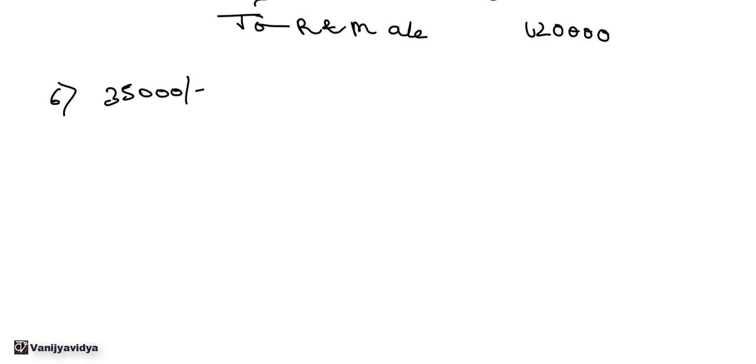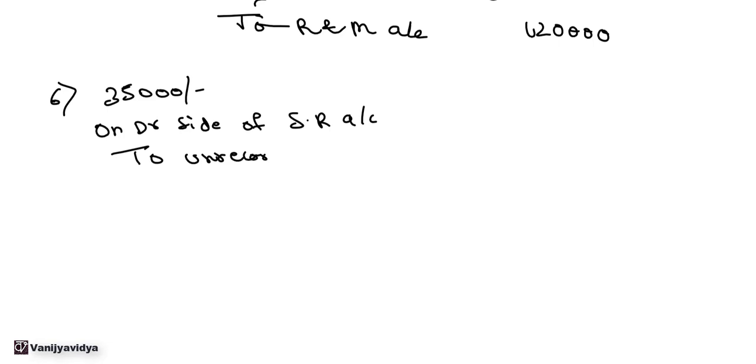is less by 35,000. So on the debit side of sales return account, we will write "To unrecorded total of sales return day book," and the amount is 35,000.